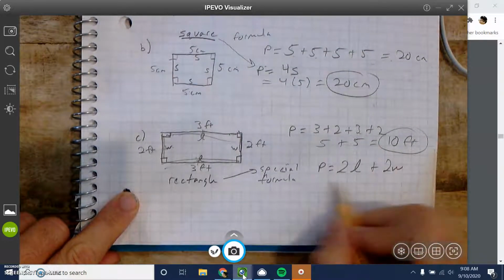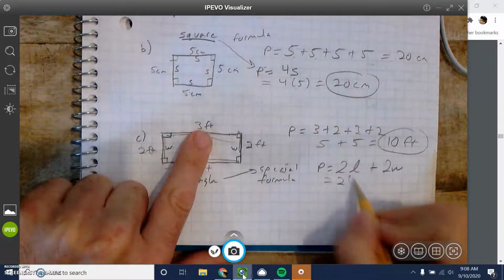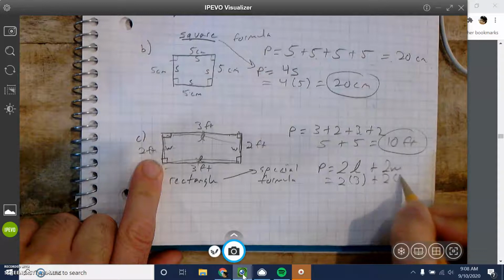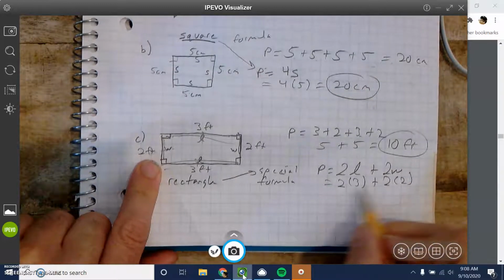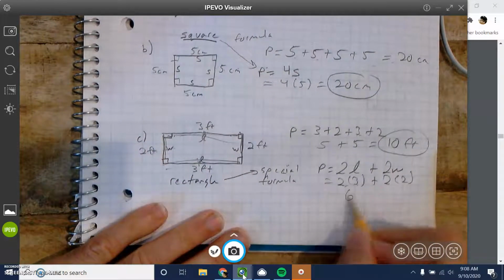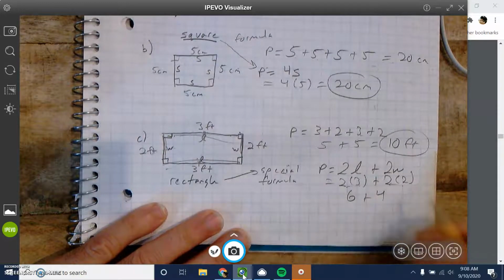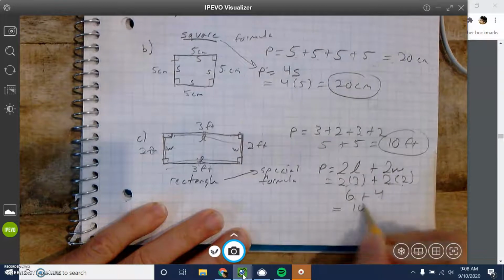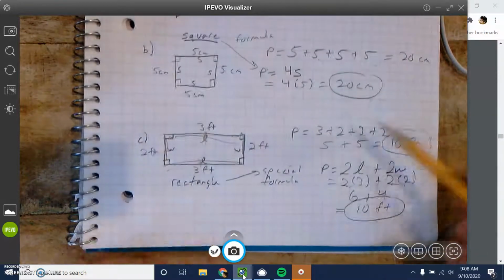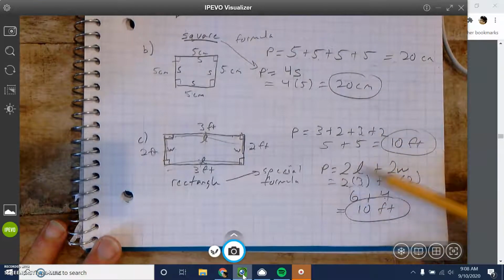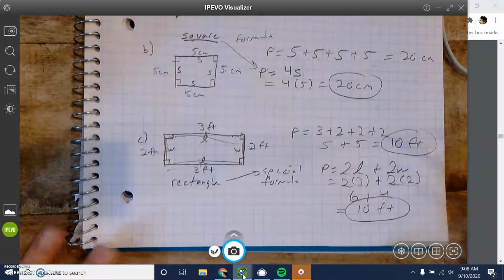And then we get the same thing. 2 times the length, which is 3, plus 2 times the width, which is 2. 2 times 3 is 6. 2 times 2 is 4. Remember PEMDAS, you multiply before you add. And 6 plus 4 is 10. Same answer. So you can always just add up the sides, but with a square and a rectangle, you can use the special formula if that helps you.